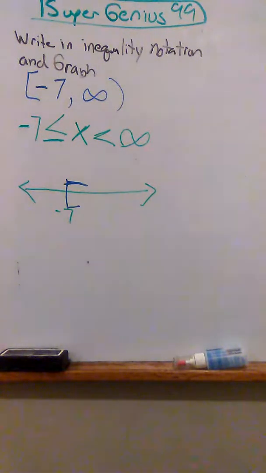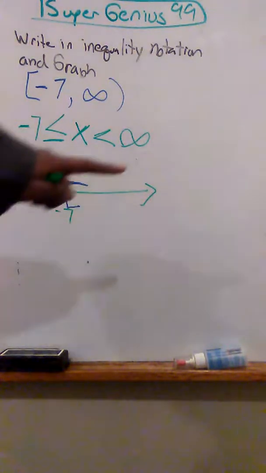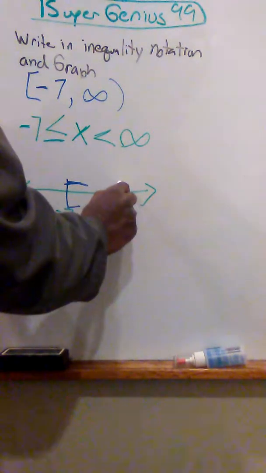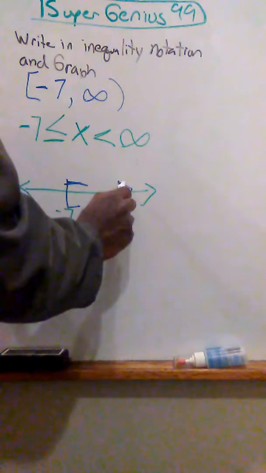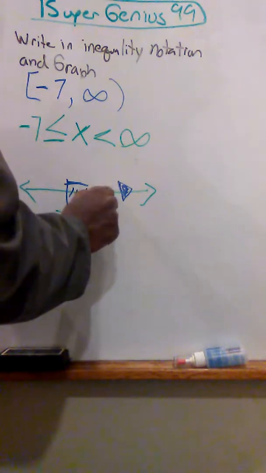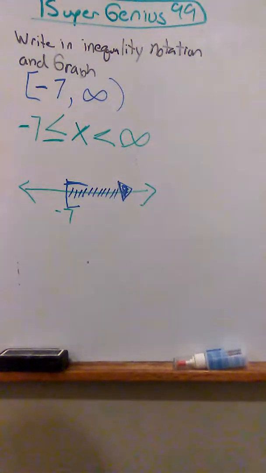And then you just draw an arrow in the direction of the infinity. Since the infinity is on this side going this way, that's where we'll draw the arrow. And you just shade everything in between.